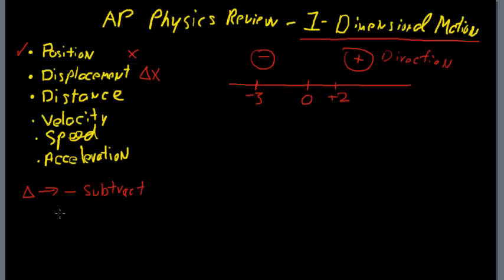Basically it means we're going to take our final position and subtract our initial position, and either one of them could be positive or negative. So if we look at this example right here, let's make this our final position.